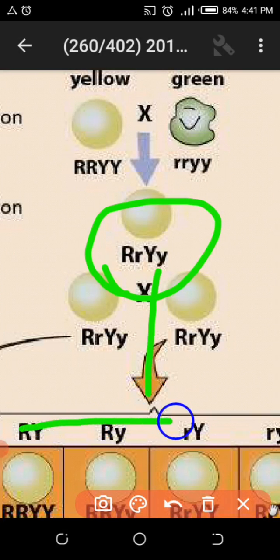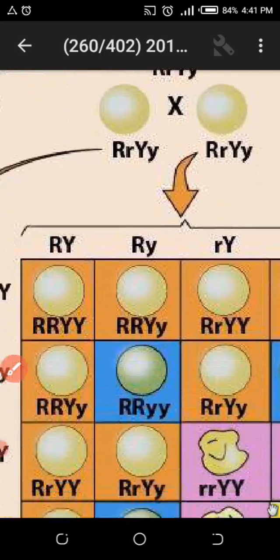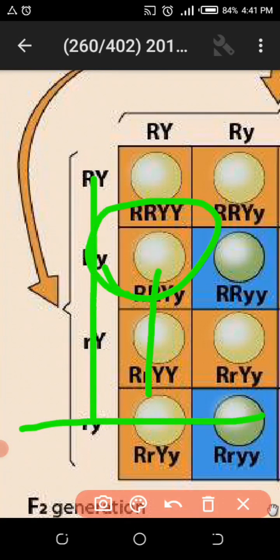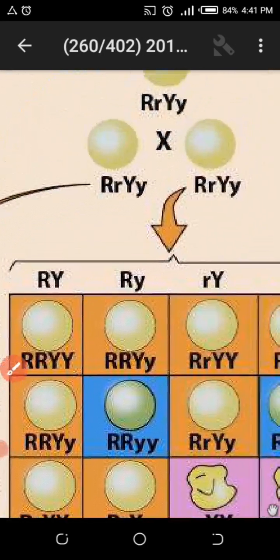So 4 gametes will be formed here, and 4 gametes will be formed here, and we will use the Punnett square, and each gene pair will arrange in reference to its family. Capital R will go with capital R, capital Y will go with capital Y. In the F2 offspring, in the gametes they will go in different forms.